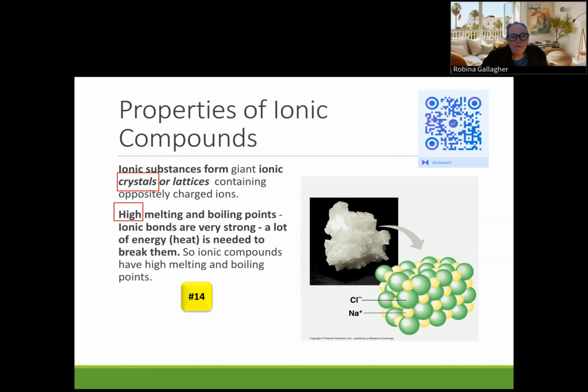And it's a crystal lattice that it's making, a very, very structured organization to the molecules. And these substances have a very high melting point and a very high boiling point because these ionic bonds are super strong. A lot of energy is needed to break them apart.